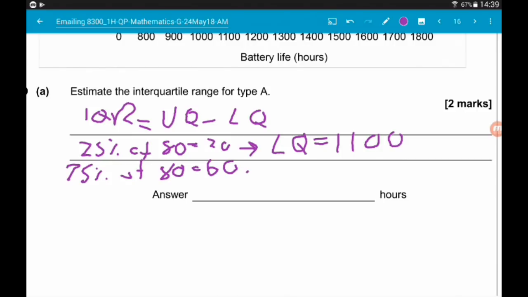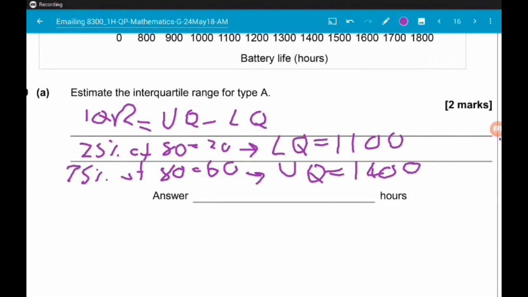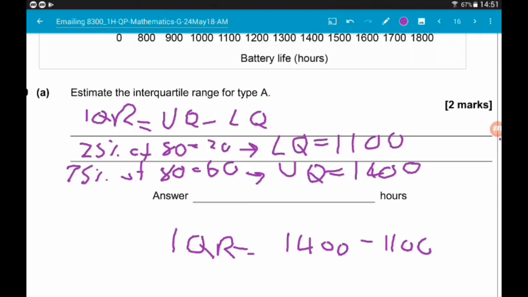So the upper quartile is 1400. So the interquartile range is 1400 minus 1100, which gives us 300.